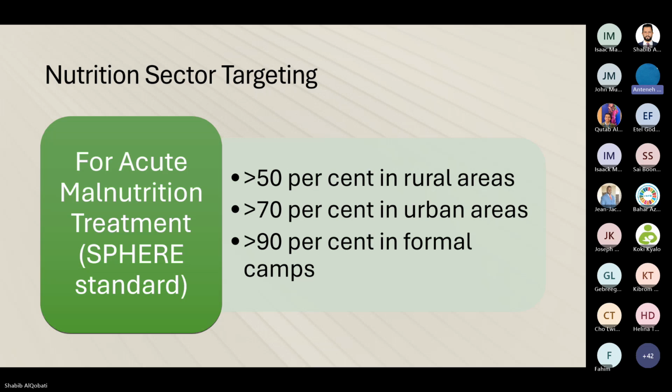Huda, yes, like in Sudan, I'm sure you have a lot of areas of phase 4 and 5. For those areas, there is no problem. The targeting could go up to 100% of the need in phase 4 and 5, there is no issue. The difficulty we are going to have is phase 3 areas.